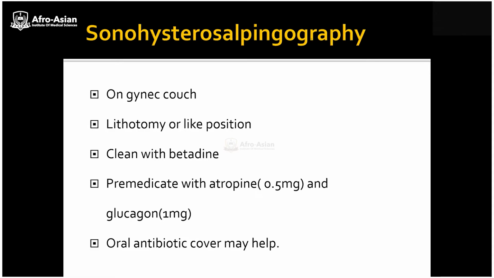For sonohysterosalpingography, we need a gynae couch. So the patient will be on the gynae couch.